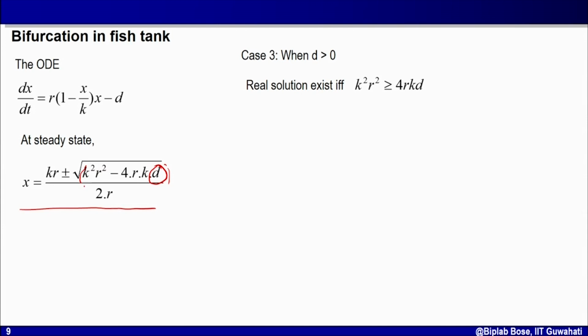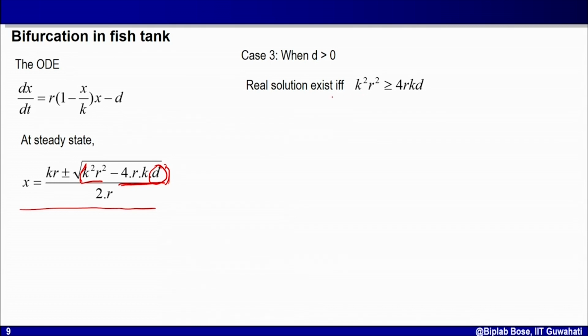So if I have to keep k square r square minus 4rkd, which is under the square root, as a positive valued thing, that means this whole thing 4rkd has to be smaller than k square r square, otherwise I will get a negative value there.